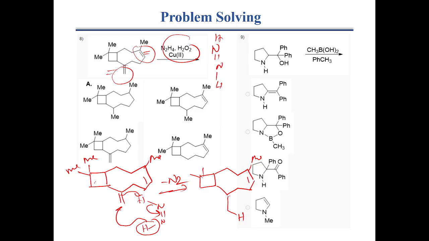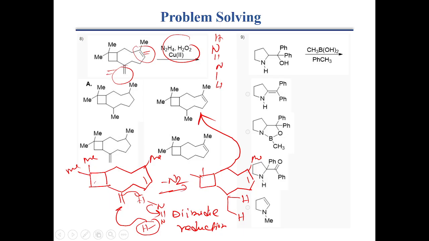One hydrogen is coming, second hydrogen is coming, forming this product. So the ipso double bond, which is less substituted or less sterically hindered, is hydrogenated in presence of N2H4 H2O2. This is diimide, so this is diimide reduction.